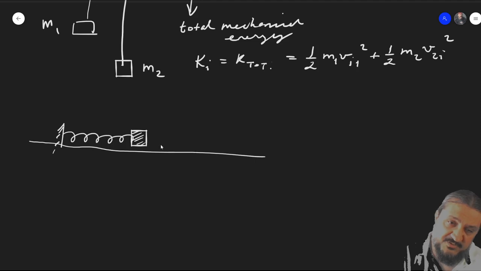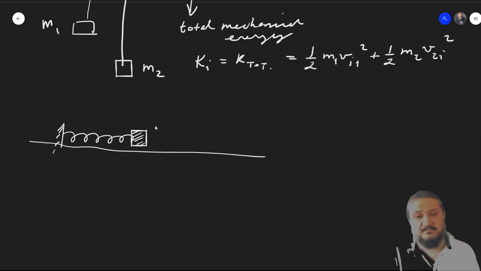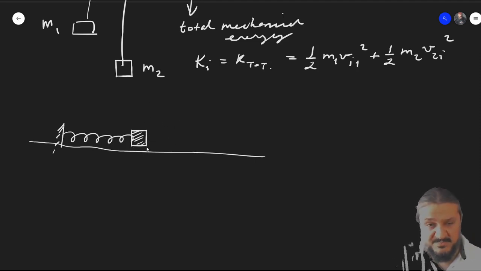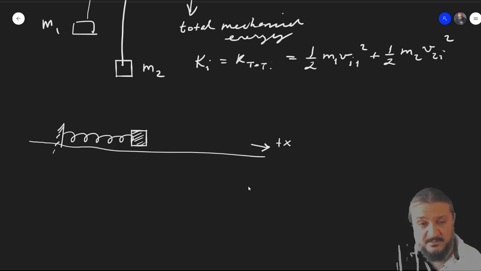Okay, frictionless, no friction. And if there are no other forces present, it's just gravity keeping it there. But I'm not going to write the gravity and normal force. We're not interested in what's happening in the vertical direction, but what's happening in the horizontal direction is what we're trying to see. This position here is the equilibrium. I can always take it to be my origin.